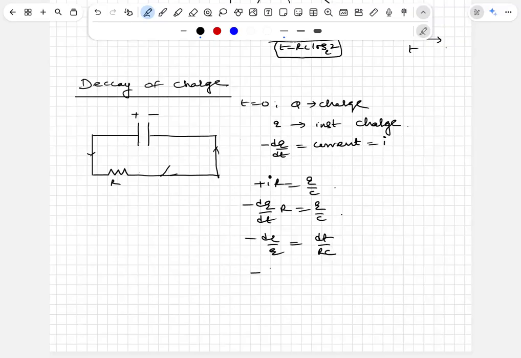So therefore, limits. Initially Q, at an instant q, dq by q. And that is t is equal to 0 to some time t, dt by RC.